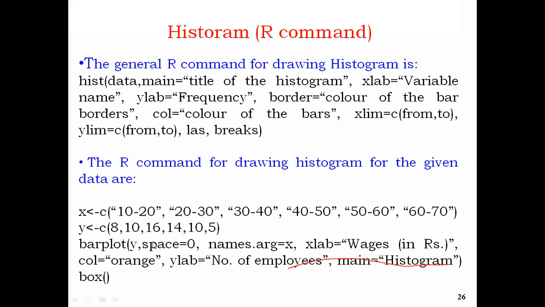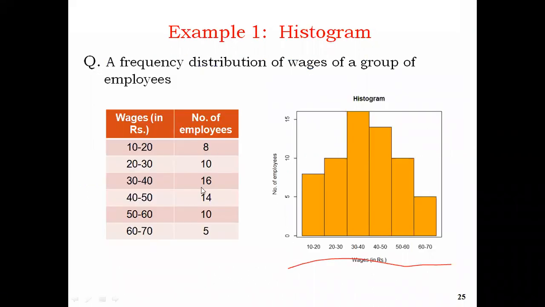Y is your number of employees, the frequencies, and here wages in rupees is on the x-axis. These are the class intervals: 10 to 20, 20 to 30, 30 to 40, 40 to 50, 50 to 60, then 60 to 70. So this is your histogram.